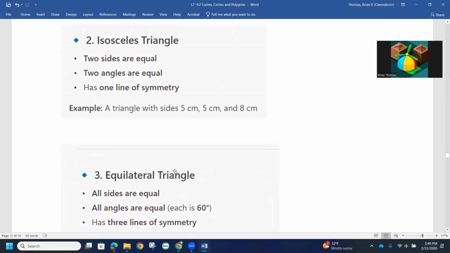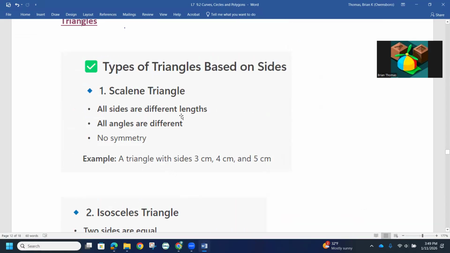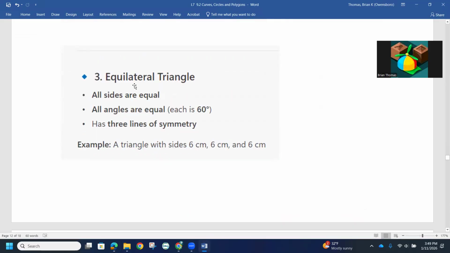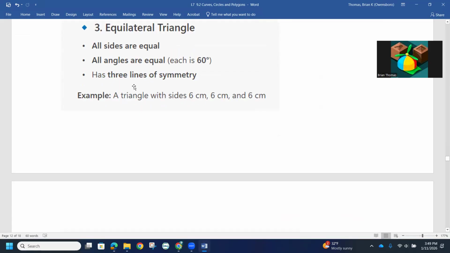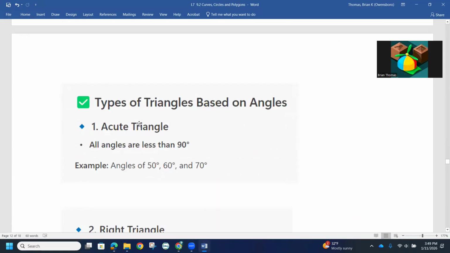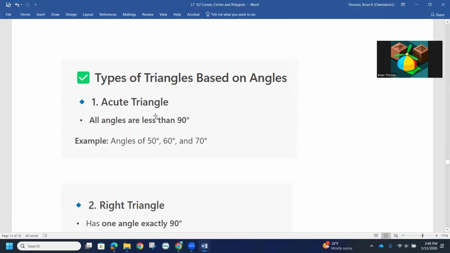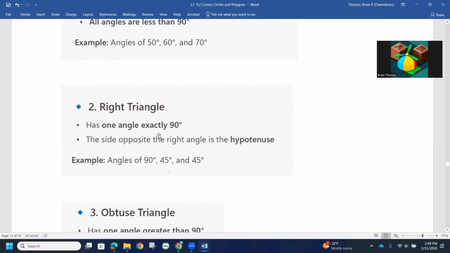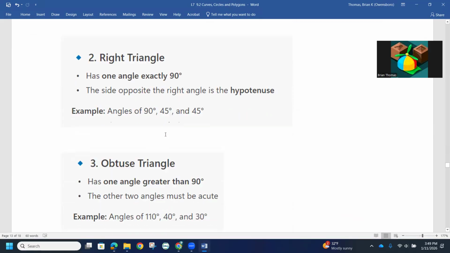So when we talk about sides, we have a scalene triangle, an isosceles triangle, and an equilateral implies sides as well. All three sides are equal. Based on angles, there's what's called an acute triangle, which means all angles are less than 90. A right triangle means exactly one angle is 90 degrees.